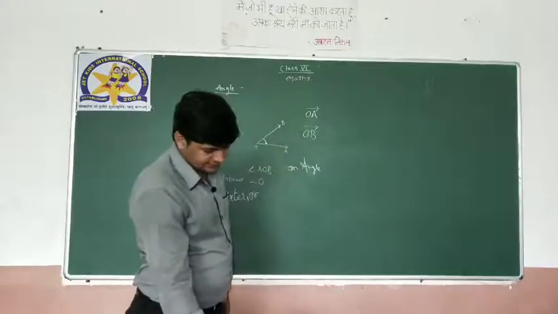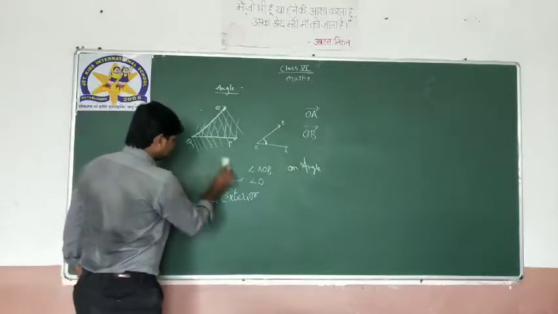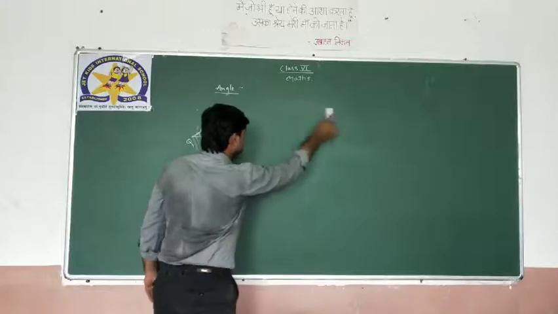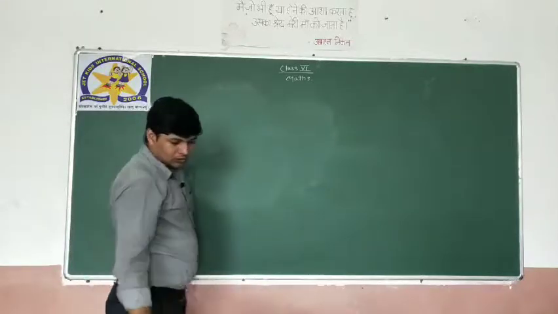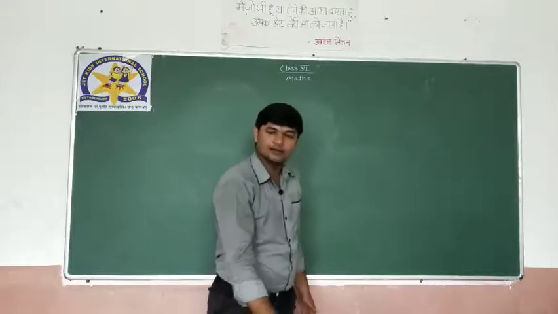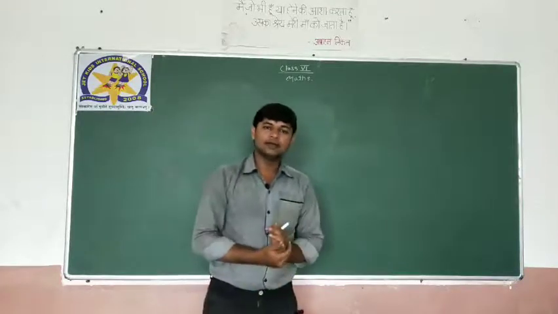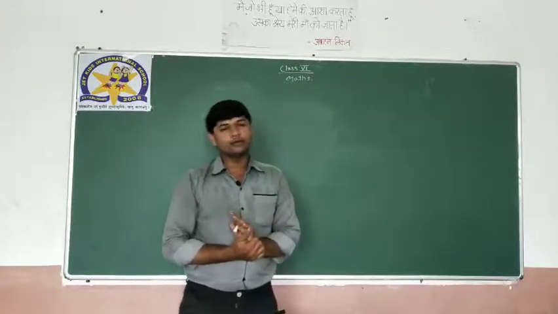And let us start our exercise 4.3. Very simple. I hope you understood what is meant by angle. When two rays share a common point, they make an angle, and that point is the vertex.